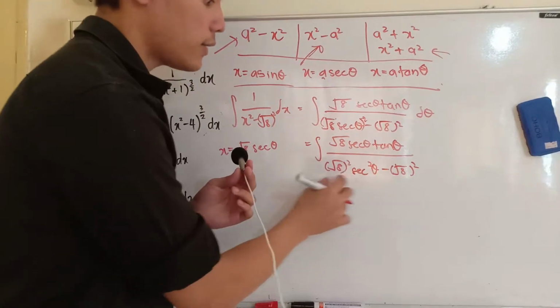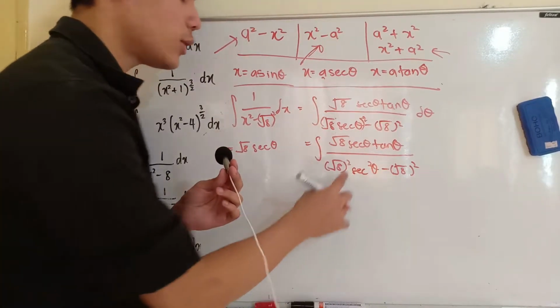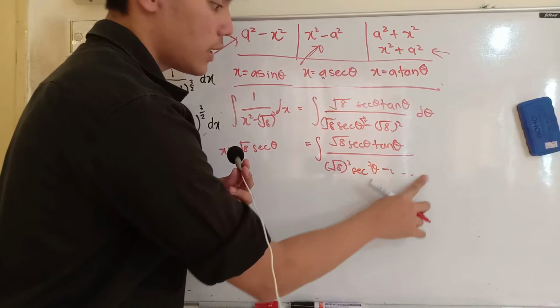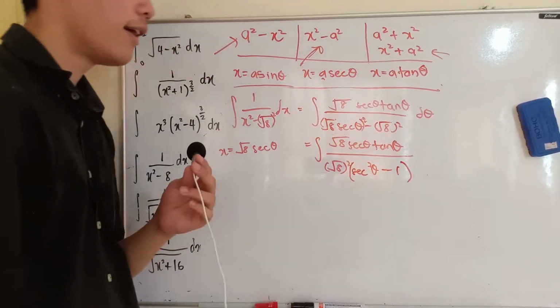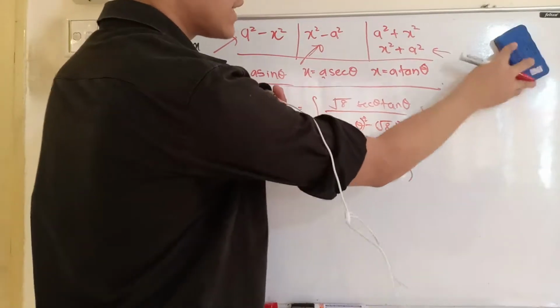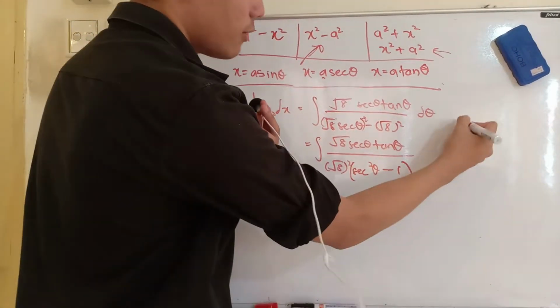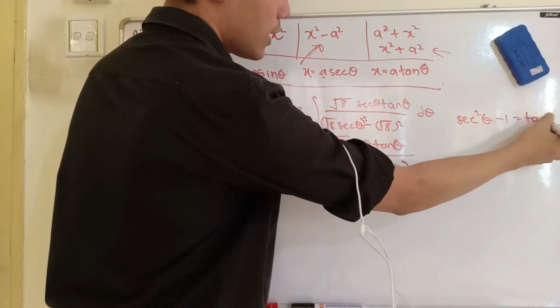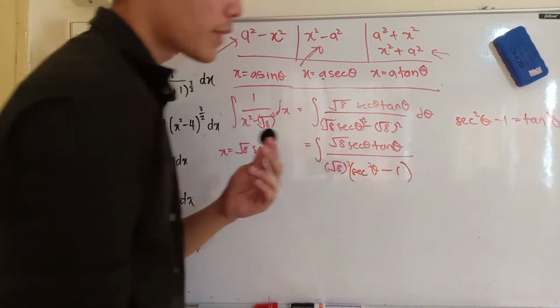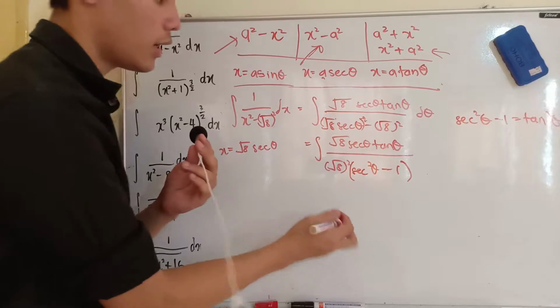As you can see, we have the same 8 squared, so we just factorize it, and then here is 1. Like I said just now in the previous question, secant squared theta minus 1 is actually tangent squared theta. So we just substitute over here.